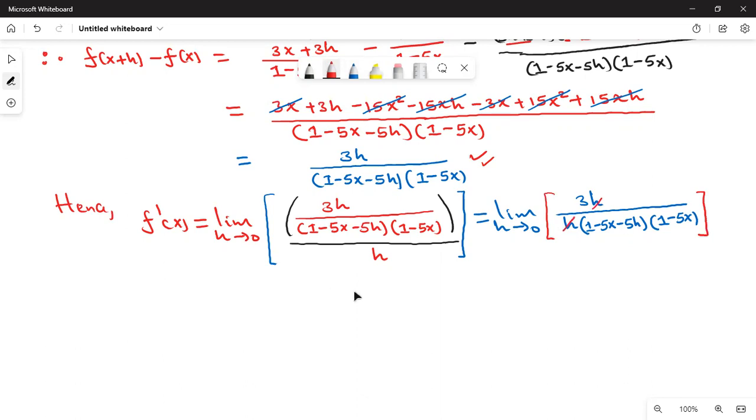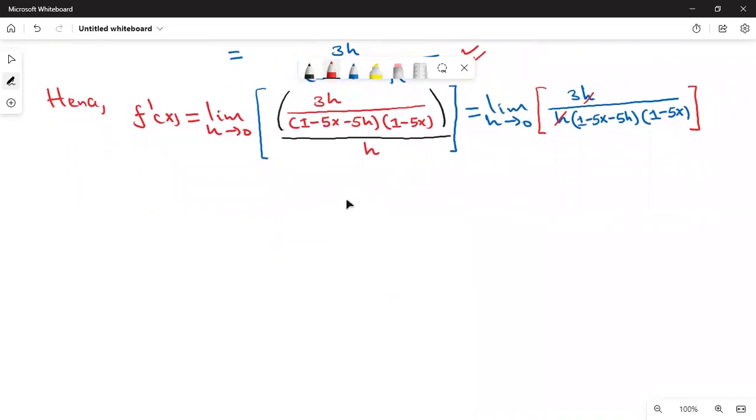We now remain with the limit as h approaches 0 of 3 in the numerator, and our denominator is (1 minus 5x minus 5h) times (1 minus 5x).